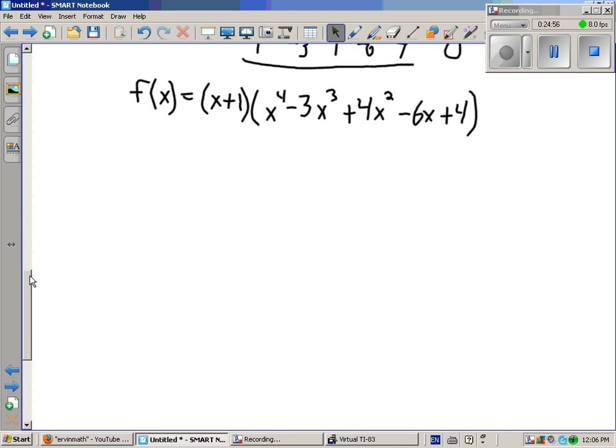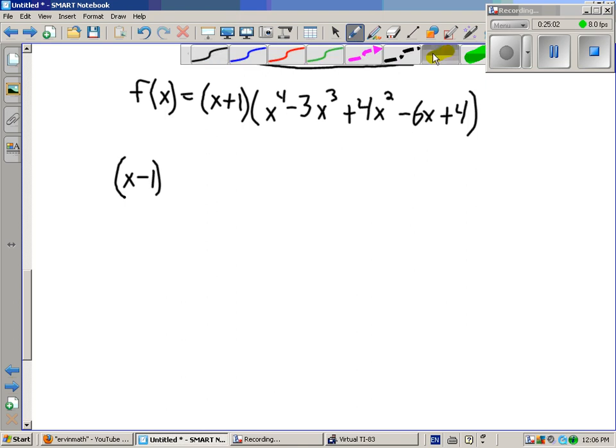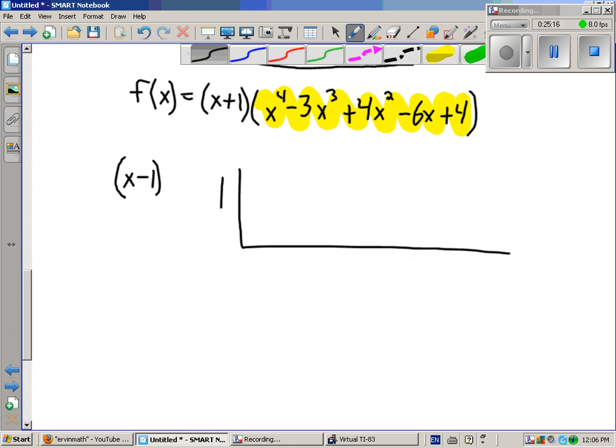Next up, I'm going to do x minus 1. Divide in x minus 1 to what is remaining here. I'm trying to cut this down bit by bit by bit. I'm taking it out one byte at a time. So now with x minus 1, I'm going to have a positive 1 outside my synthetic division mark.